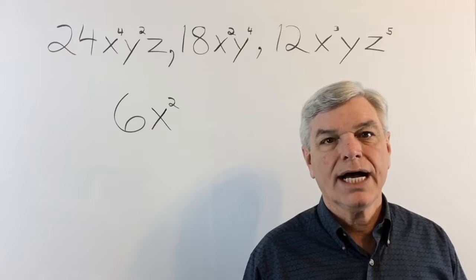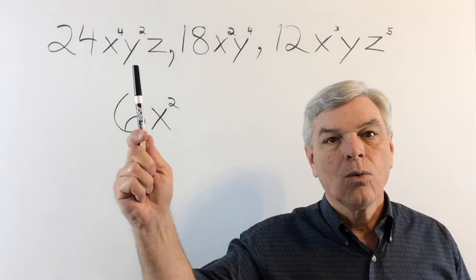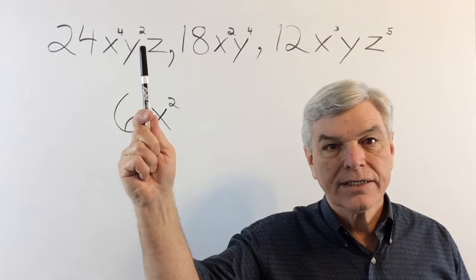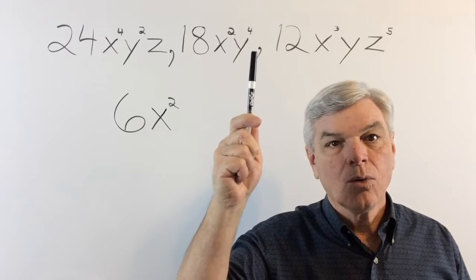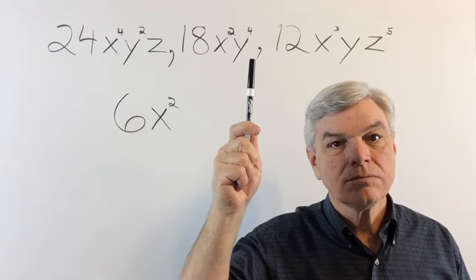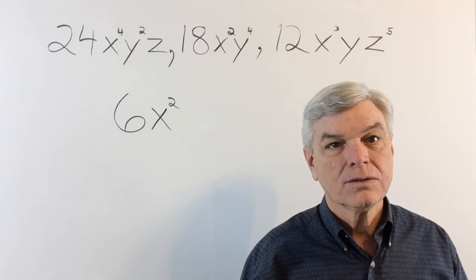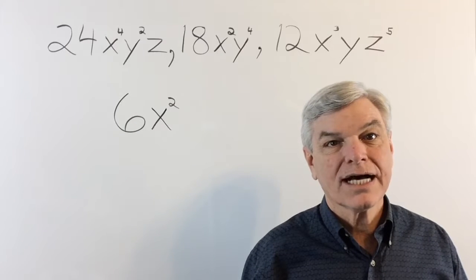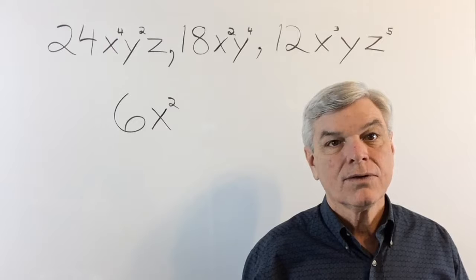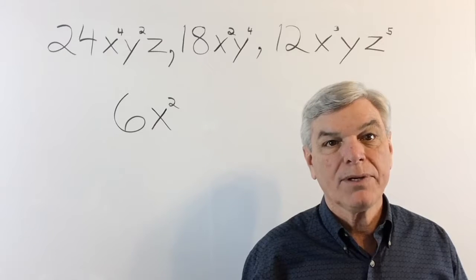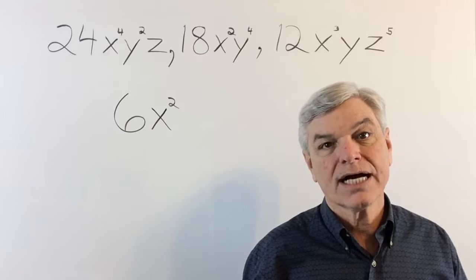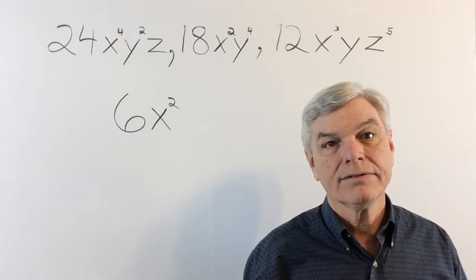Okay, let's try y next. y squared, y to the 4th, and y to the 1. Okay, so what is our greatest common factor? Well, the lowest exponent of y would be 1, so that is our greatest common factor for y.